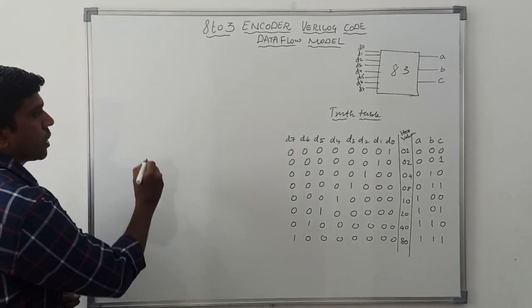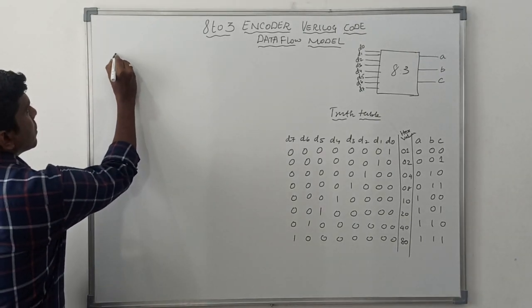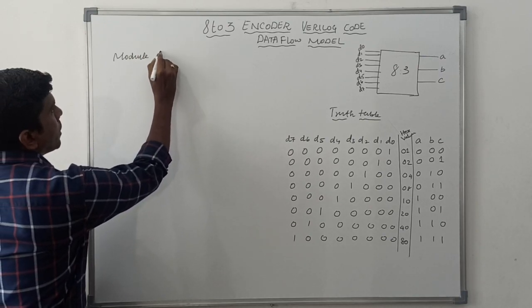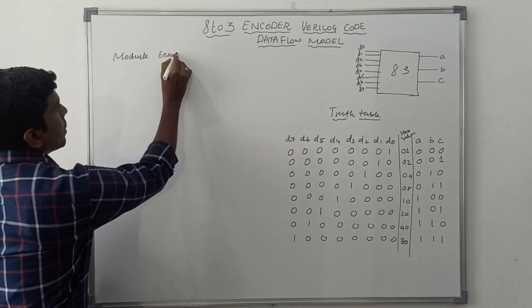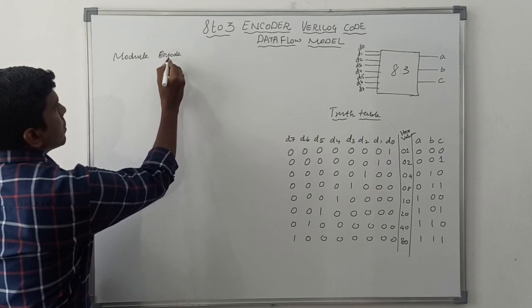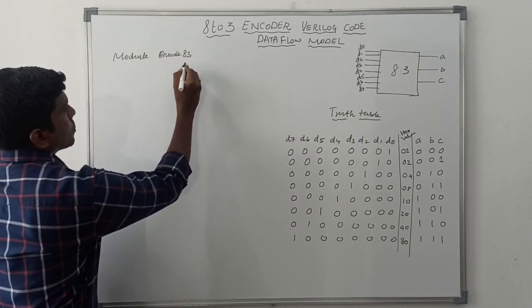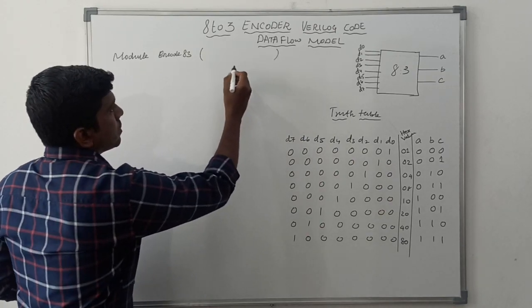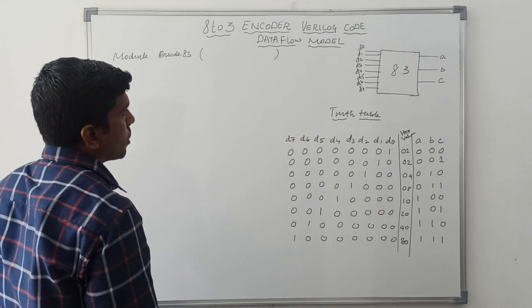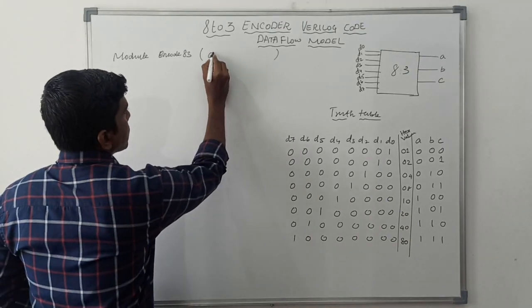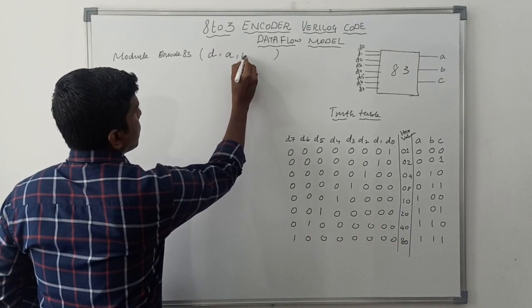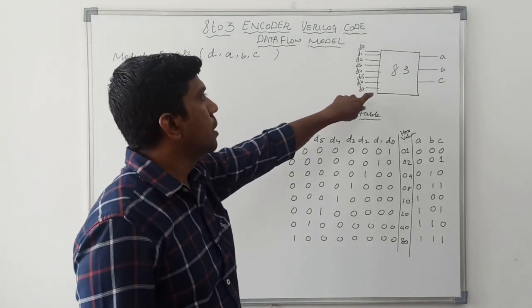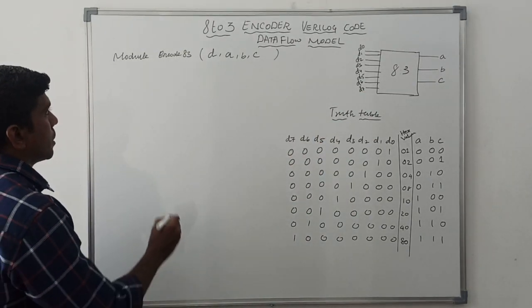So now I am going to write the program. As usual, first you write module, then the module name, encoder83. So it's the module name. Here we just mention the variables, input variables and output variables: D, A, B, C. Totally 4 variables are used in the encoder circuit.